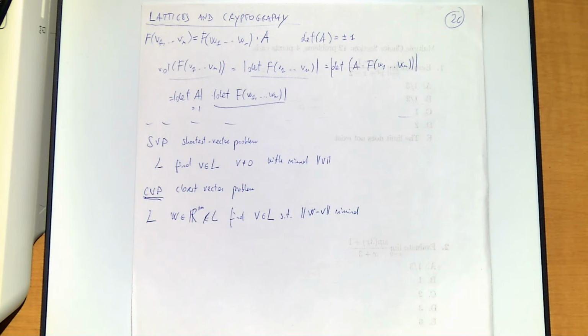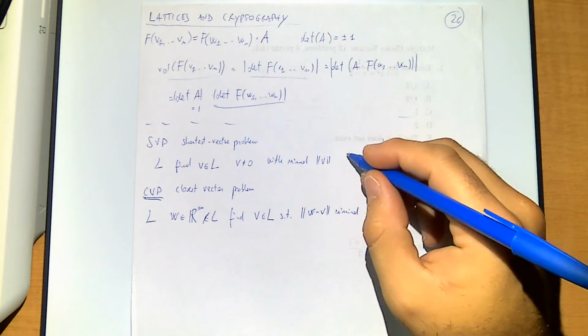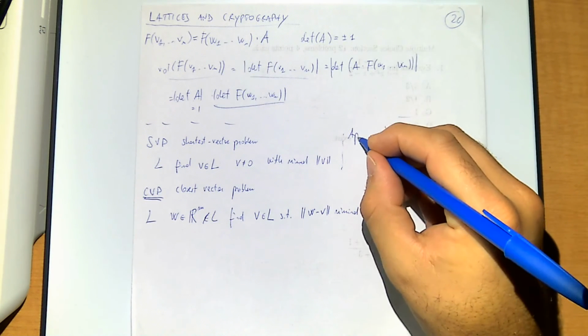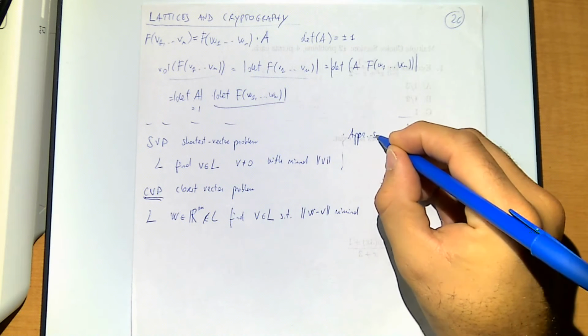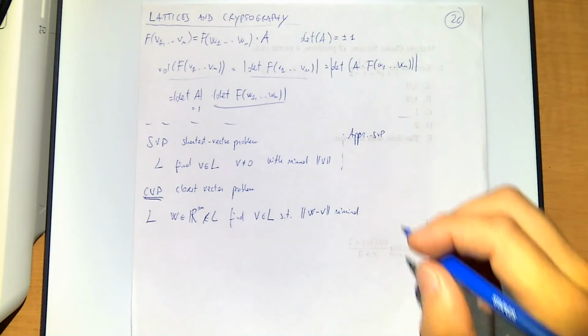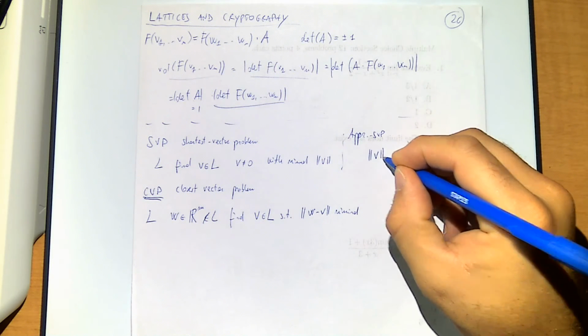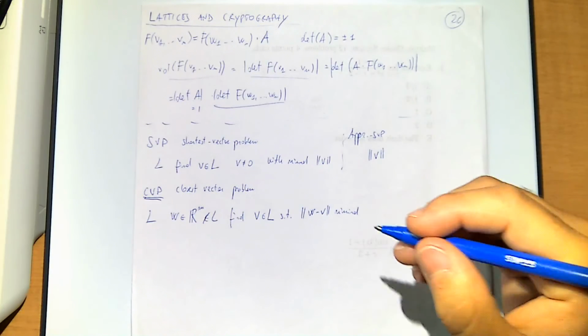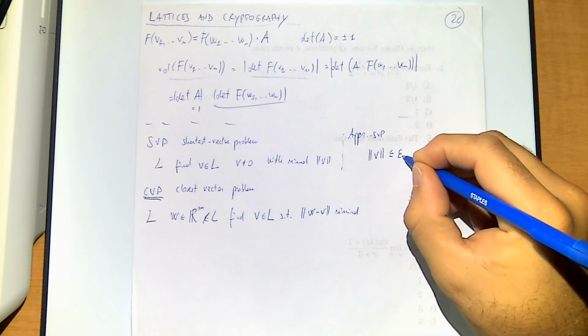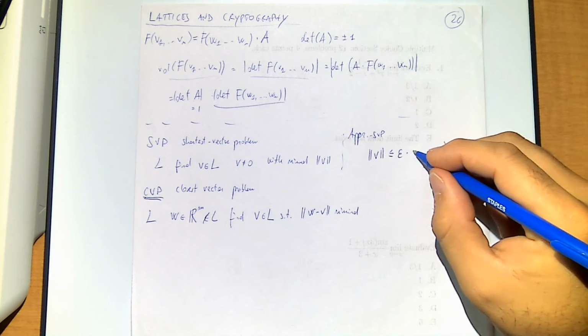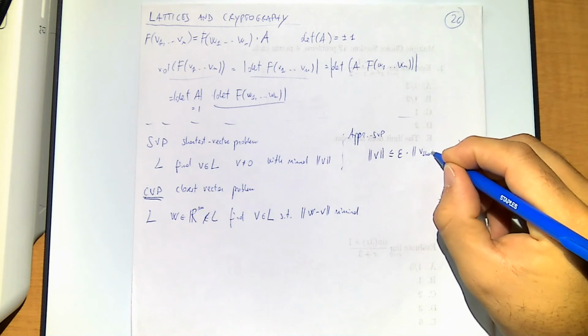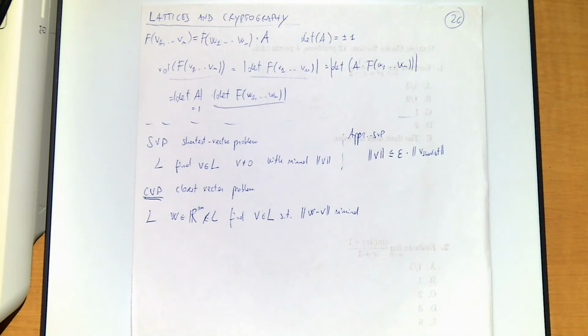Okay, so another thing you may want to keep in mind is that, instead of the SVP problem, we consider approximate SVP, which is basically asking to find a vector V that is not minimal, but say is less than epsilon times the shortest. So it may be enough for a cryptosystem, if you have certain noise, to be within a certain radius of the shortest vector.